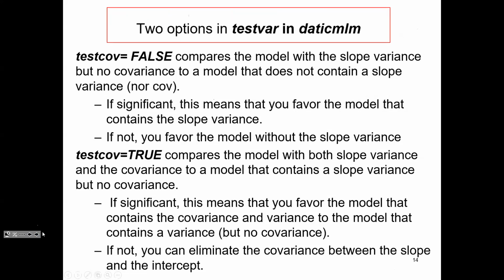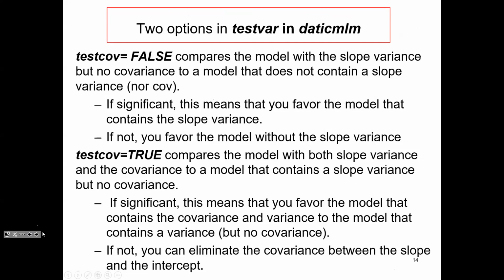From what I was just talking about in the last slide, that is comparing models 2 and 3, right? So I'm comparing a model that has a slope variance but no covariance to a model that doesn't contain a slope variance at all. So I'm seeing if I need the slope variance, but only the slope variance.